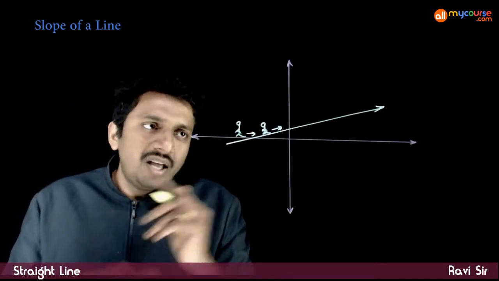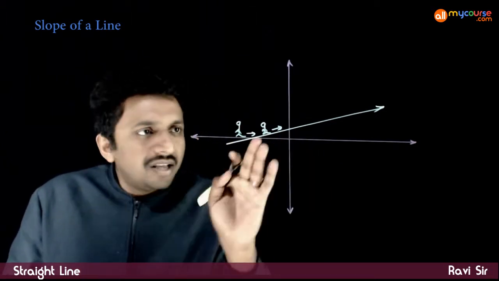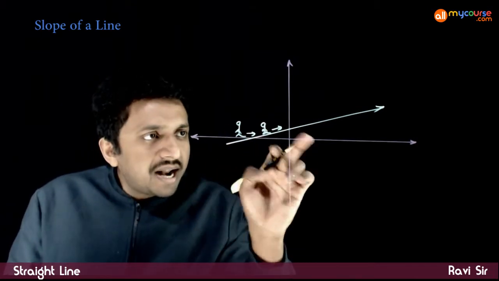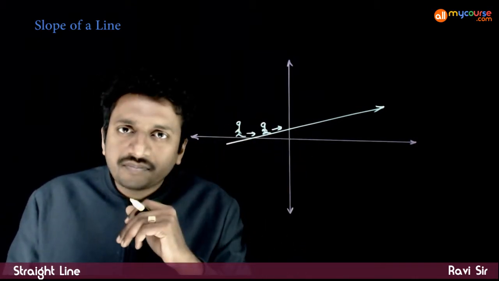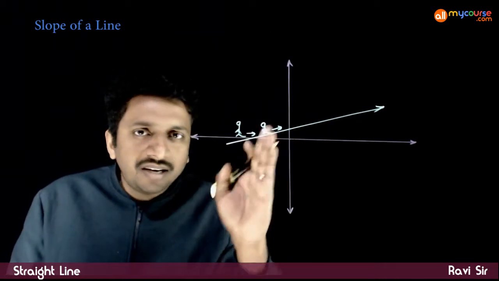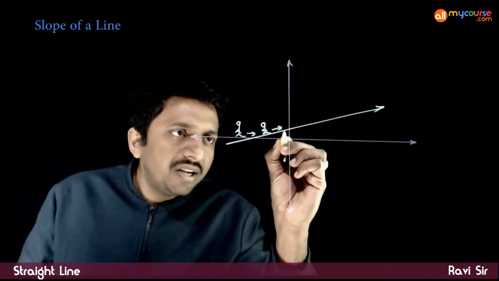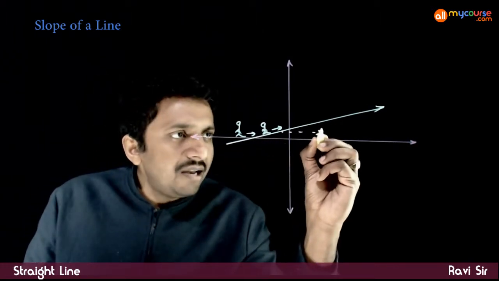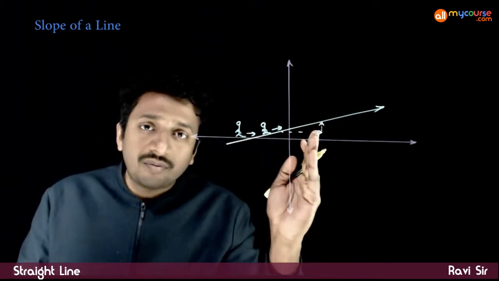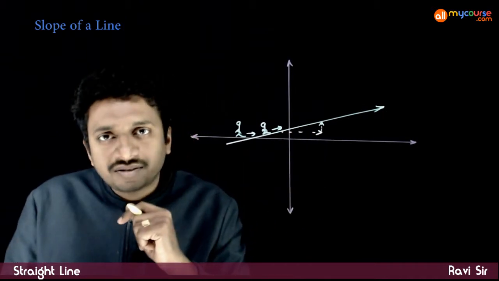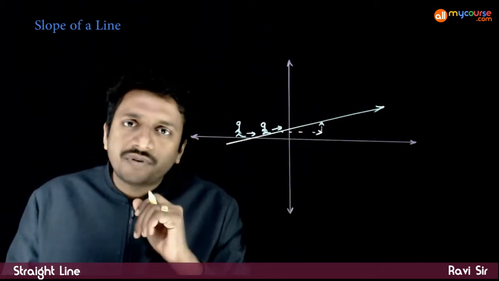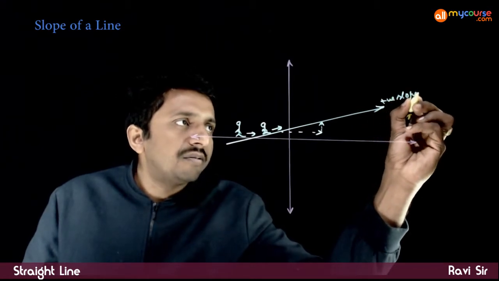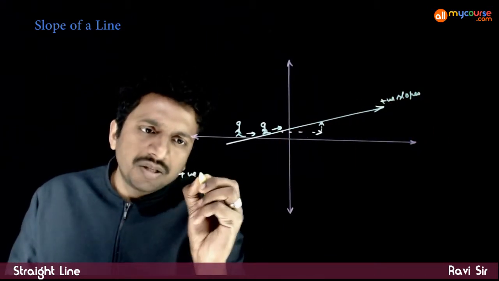So here, if you are moving right, that means you are moving towards the positive x-axis. As you are moving right, you are moving up. That is, as you are moving towards the increasing direction of x-axis, the value of y-coordinate also increases. So these kinds of slopes are called positive slopes. So what is meant by positive slope?